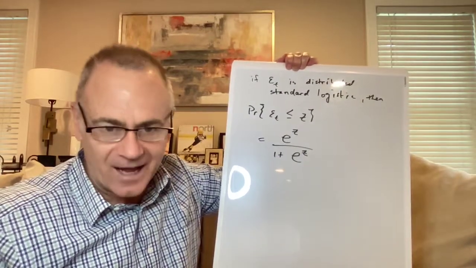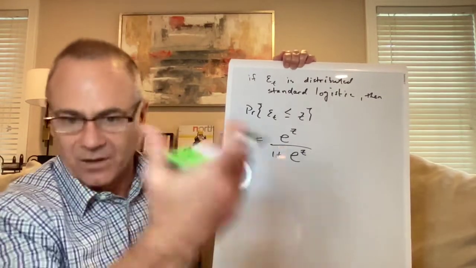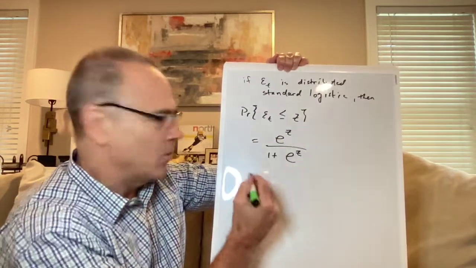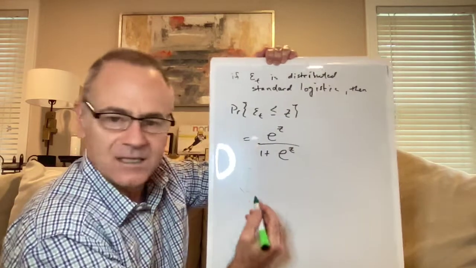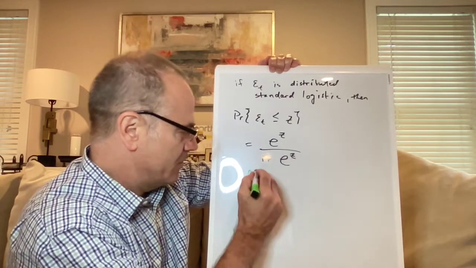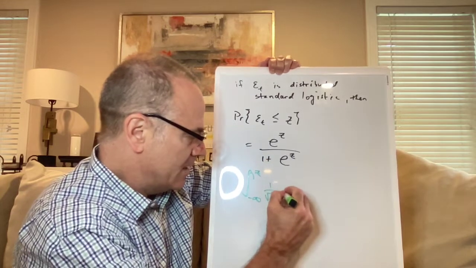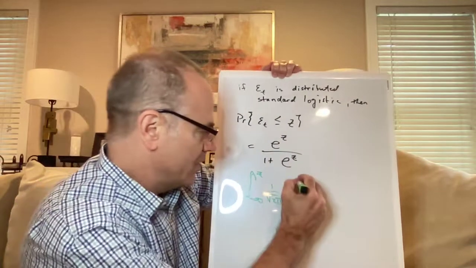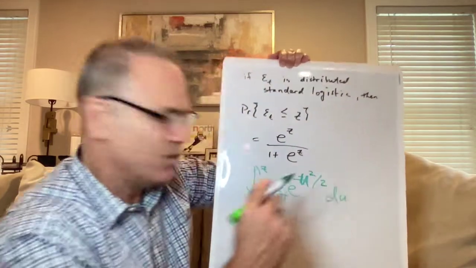Now remember before, if epsilon t was normal, we would say the probability epsilon t is less than z is this very complicated function: the integral from negative infinity to z of 1 over root 2 pi times e to the negative u squared divided by 2, du.